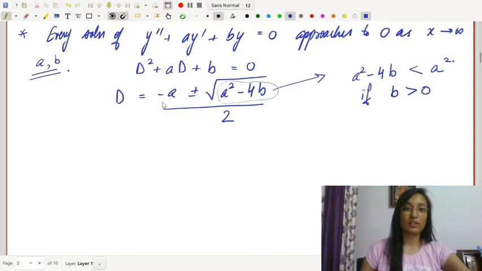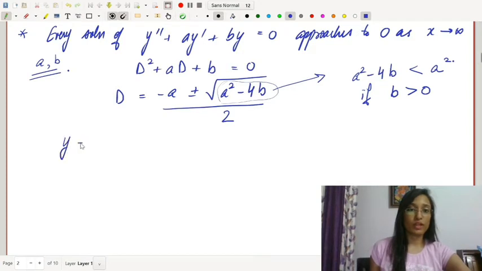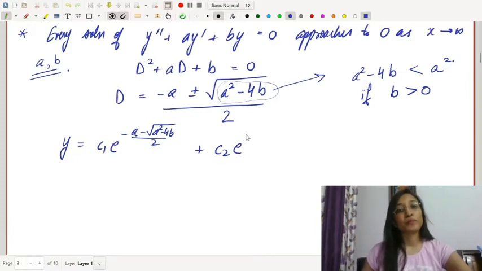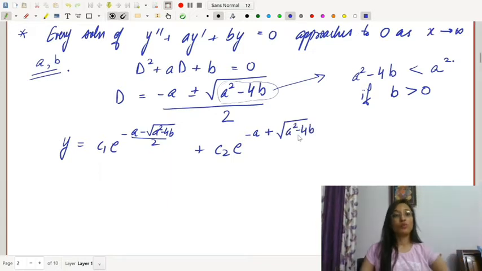Then in that case we will have its solution basically of the form y is equal to c1 e raised to the power of (minus a minus square root of a square minus 4b) by 2 x, plus c2 e raised to the power of (minus a plus square root of a square minus 4b) by 2 x.